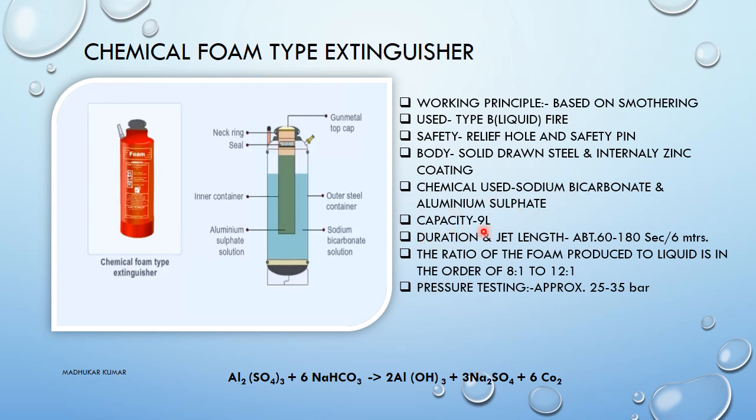Capacity is 9 liters, duration is 60 to 180 seconds, and jet length is 6 meters. The ratio of the foam produced to the liquid is in the order of 8:1 to 12:1. The pressure testing of this type of portable extinguisher is about 25 to 35 bar, as per the manufacturer in this range.